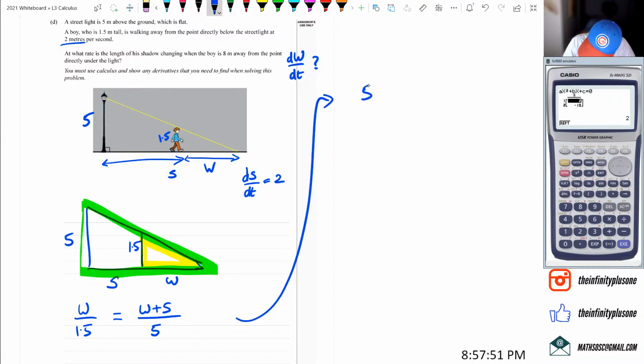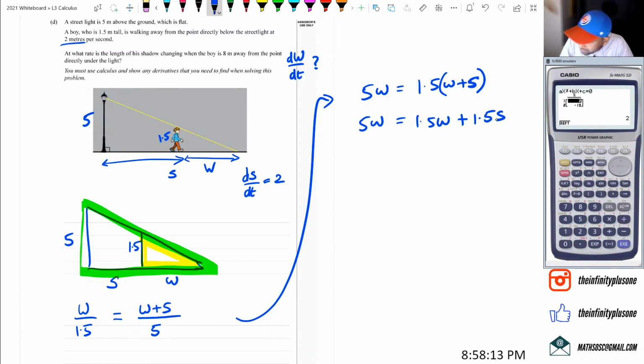We get 5W is equal to 1.5 times W plus S, sorry. So we can then write this as 5W minus 1.5W equals 1.5S. So we've got 3.5W equals 1.5S.